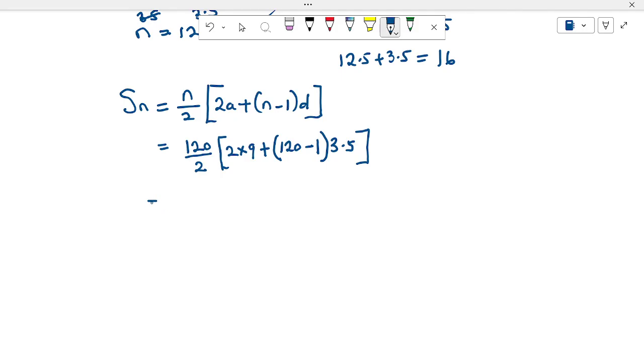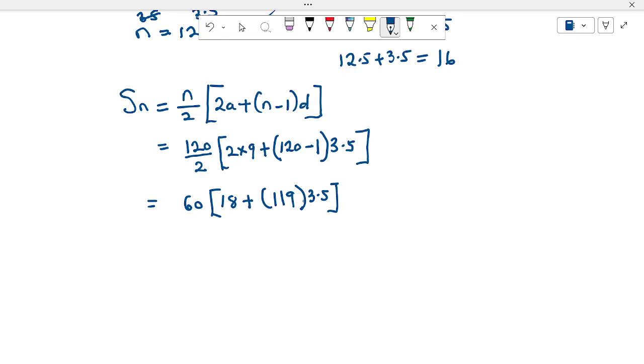So let's start. 120 divided by 2 will give us 60, into 2 times 9 is 18, plus 120 minus 1 is 119 times 3.5. Get your 119 times 3.5.